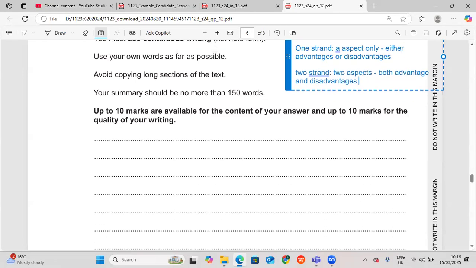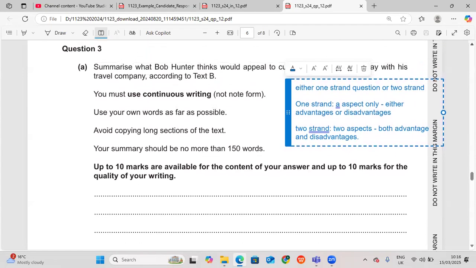So whenever you get a summary question, the first thing you should ask yourself is: is it a one strand question, where I have to talk about one aspect only, or do I have to talk about two different aspects? Now let's look at this question here.